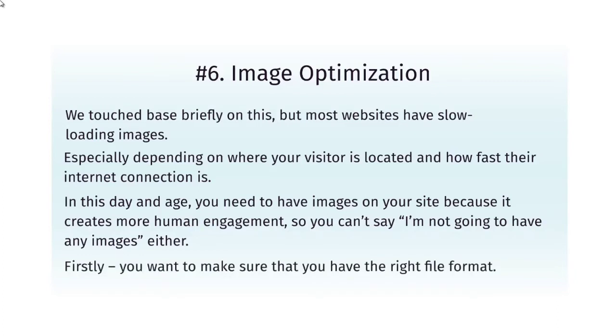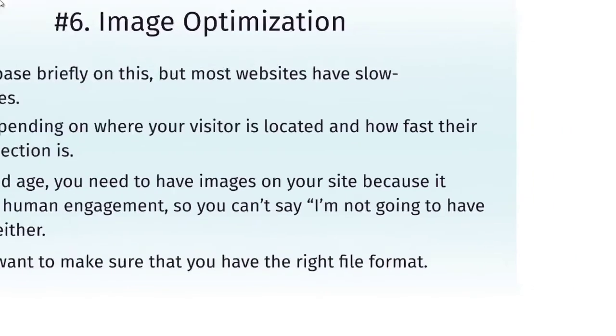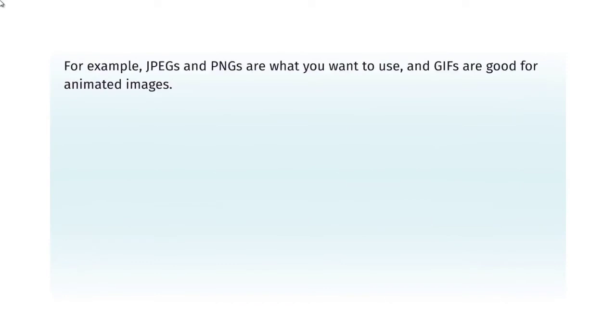So one thing to keep in mind is, firstly, you want to make sure that you have the right file format. For example, JPEGs and PNG files are what you want to use when putting images on your blogs, on your WordPress site, and all that.